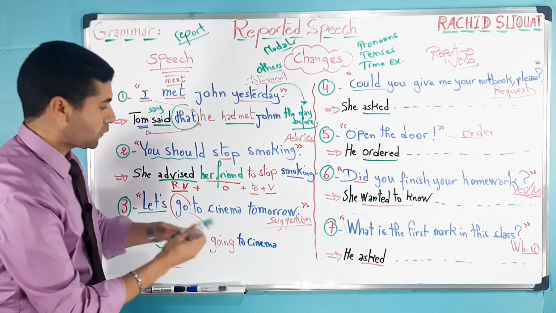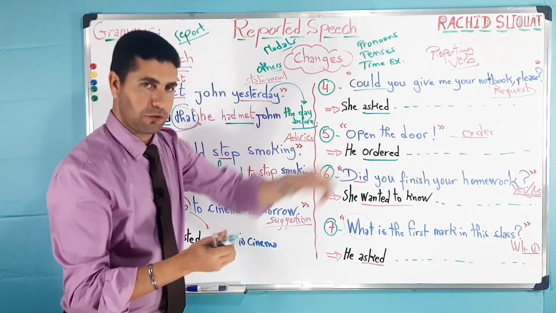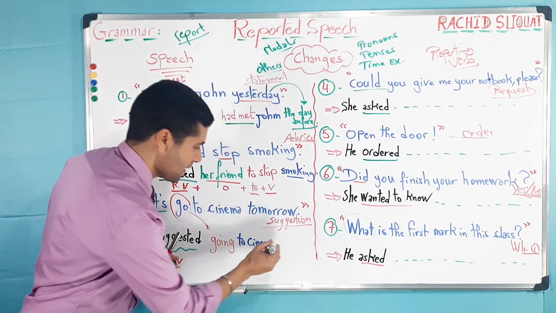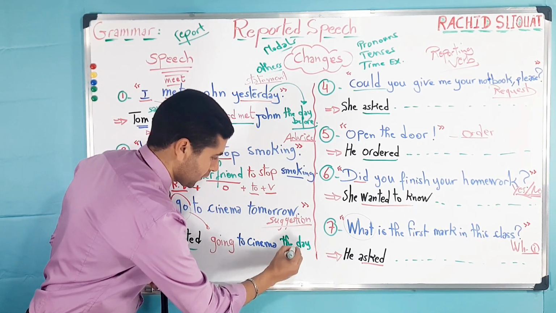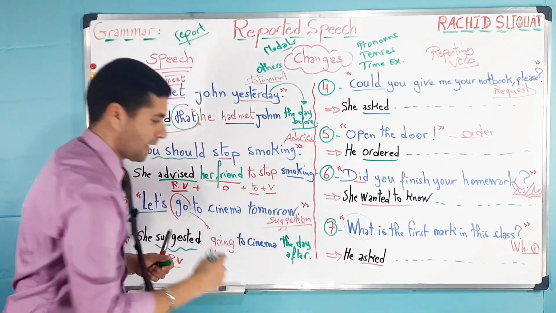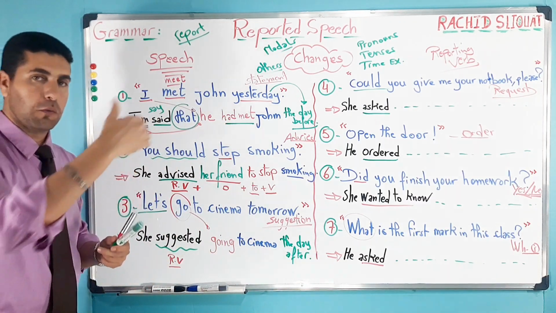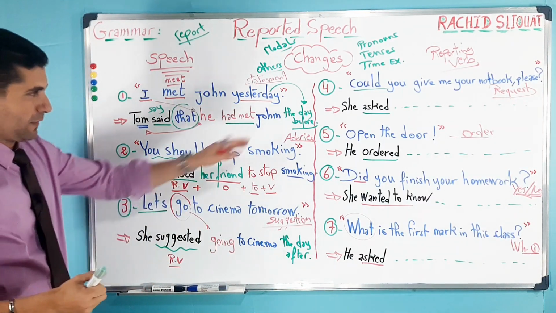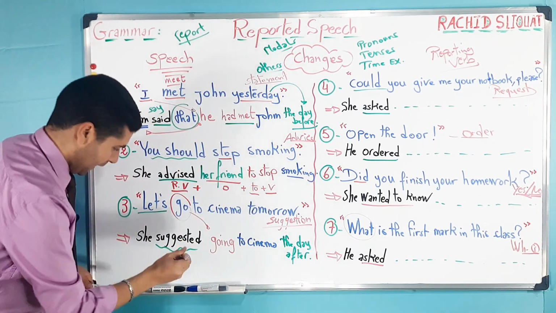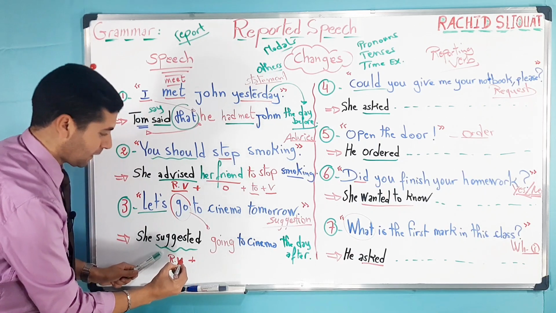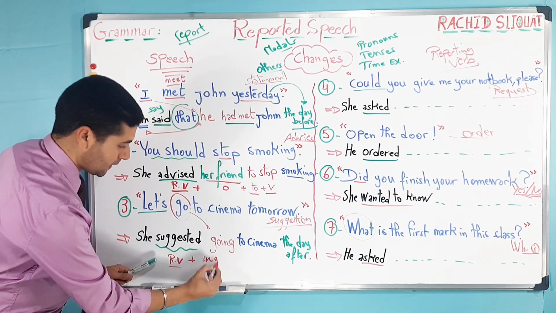Then here we have tomorrow. Tomorrow is a time expression. What is tomorrow? We can say the day after, or we can also say the following day. Here we have the day before, the day after, or the following day, as I said. So here we have the reporting verb, suggested, plus what? Plus ing.